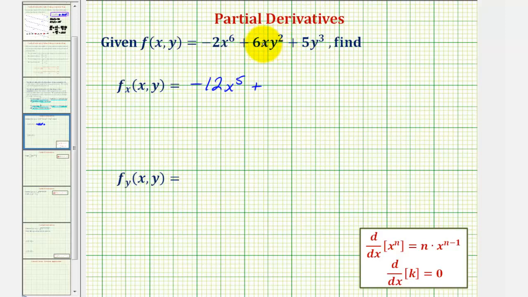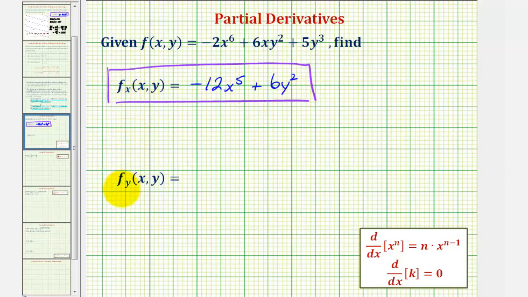The derivative of 6x would be 6, so we have plus 6y squared. And then the derivative of 5y to the third with respect to x would be 0, again because we're treating y as a constant. So this would be the partial derivative with respect to x.